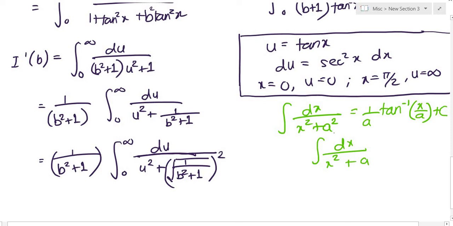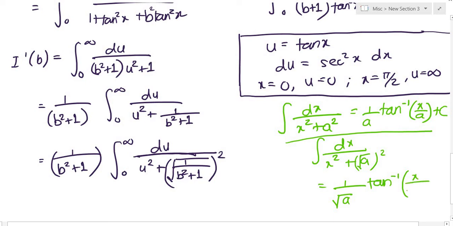So now instead of having the constant squared, we have dx over x squared plus just a constant. So we want to write the constant in terms of something squared. If we have a single constant, to maintain equality we have to take the square root and then square that. So that will yield 1 over the square root of a times the inverse tangent of x over the square root of a plus c.